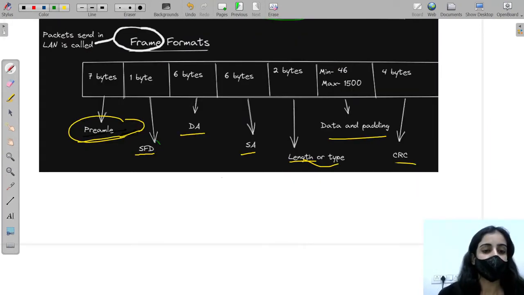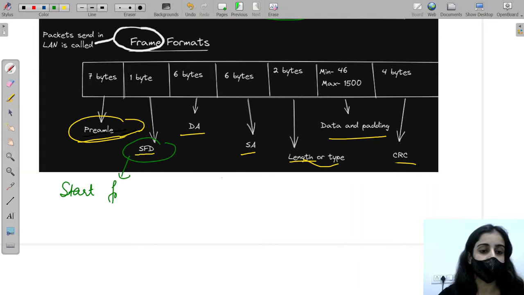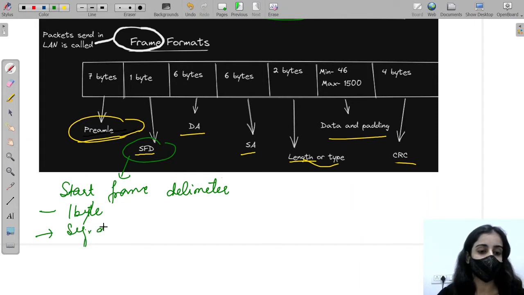After preamble, our next field is SFD, which stands for Start Frame Delimiter. Its size is 1 byte and it signals the beginning of the frame.